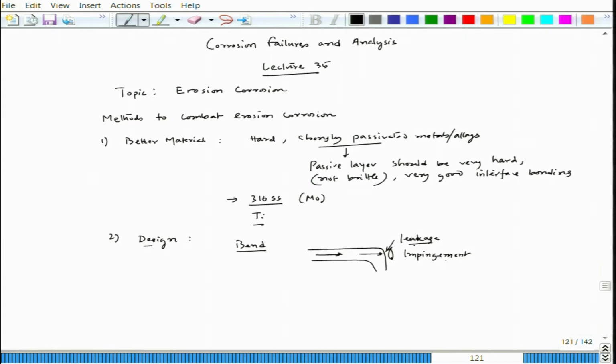So, in order to stop that leakage, one can think of reducing that impingement effect. How can it be reduced? Without changing any material, one can make this kind of bend, which is a gradual change in direction. This is a sharp change in direction, here it is a gradual change in direction. Still there will be impingement of course, but that impingement would be much less in this case, and here it is high impingement.